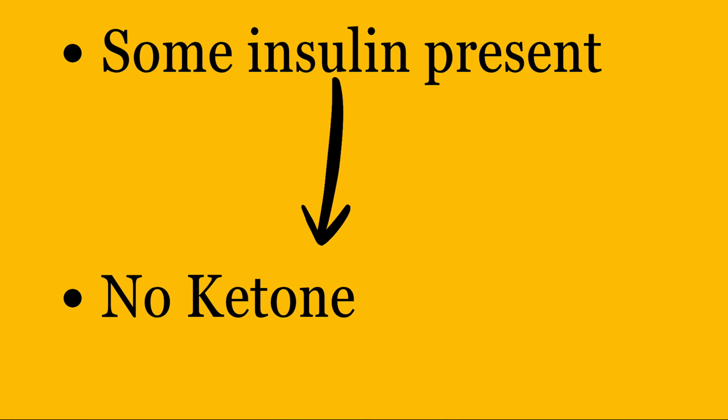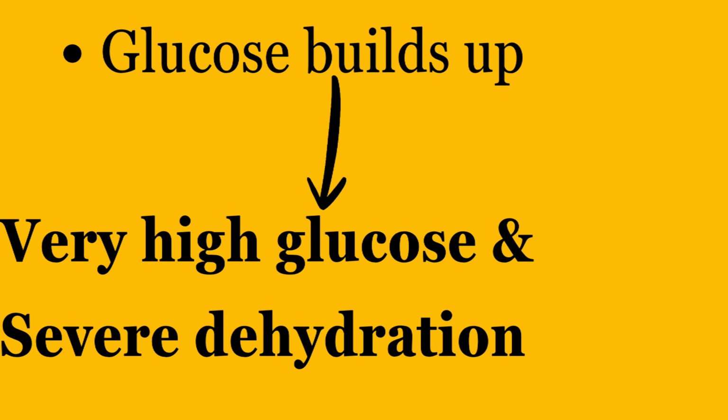But this small insulin is not enough to control blood sugar. It's not enough for blood glucose to move into the cells. Therefore, the blood glucose continues getting higher because glucose is continuously accumulating in the blood, because the insulin available is not enough to move it into the cells.